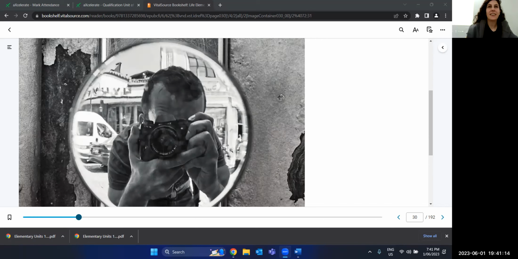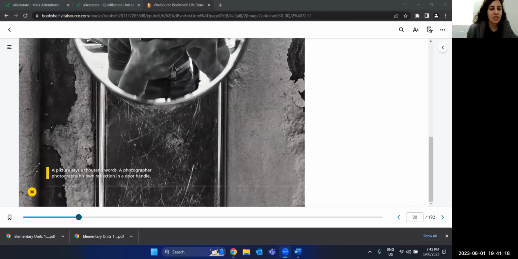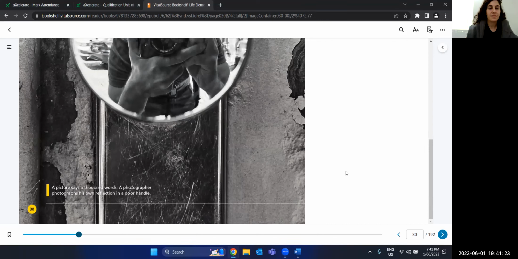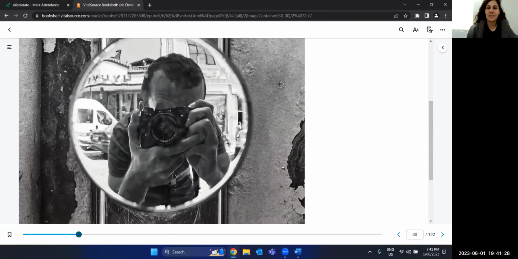So what do you think this expression, this saying means? That a picture says 1,000 words. What does that mean? A picture says 1,000 words. Okay, if you need to describe a lot of things with words. Yes.